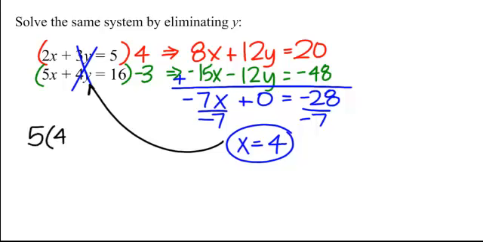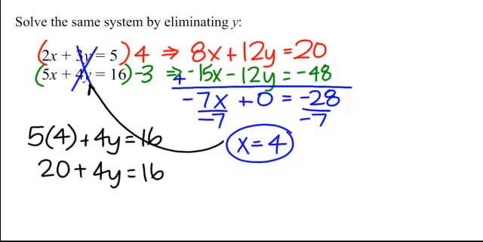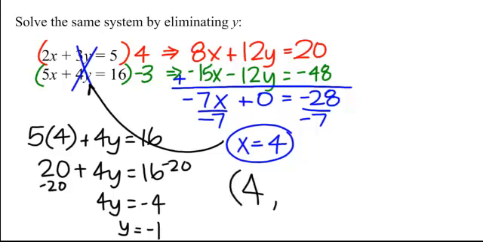So if I do 5 times 4 plus 4y equals 16, I end up with 20 plus 4y equals 16. Subtract 20 from both sides. 4y has to give me negative 4. And if I divide both sides by 4, we get negative 1. So same answer as before, 4, negative 1.